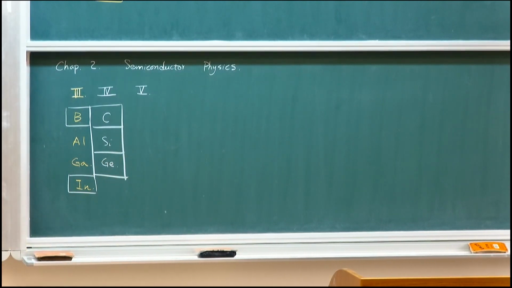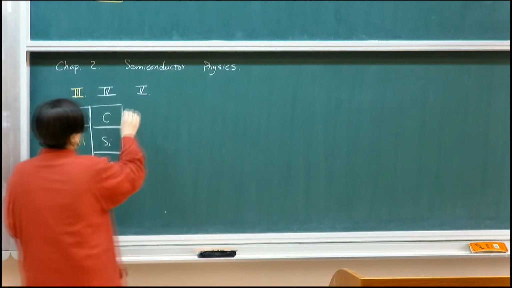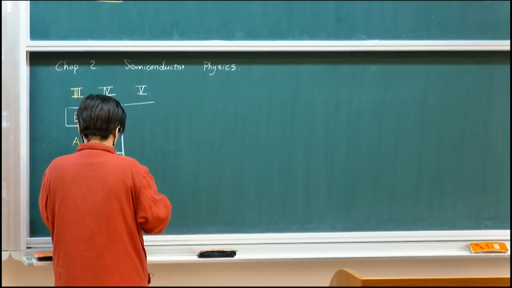Okay, so on the right, what else? Go back to your chemistry, middle school chemistry. Like on the right, what is it? Nitrogen, right. Let me write it down first.